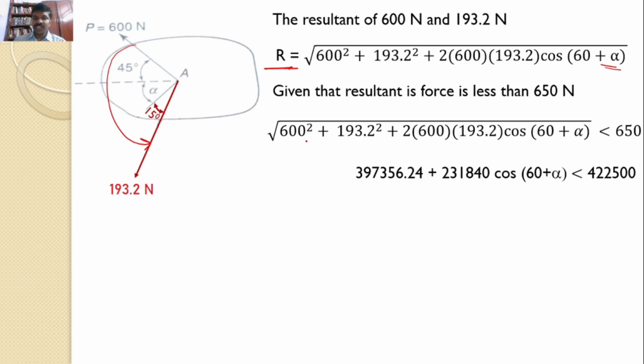Simplifying this, I get an equation like this: 397356.24 plus 231840 cos(60 + alpha) should be less than 422,500. This is obtained by squaring both sides.